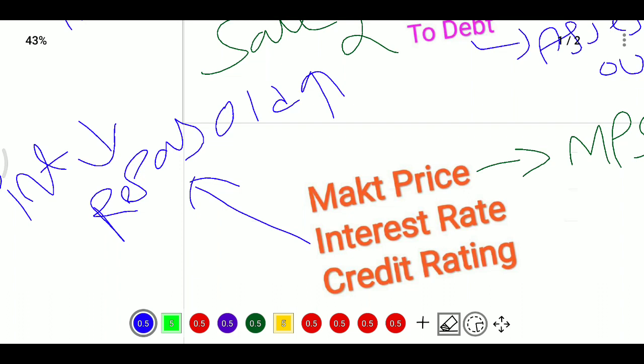For example, the government issued a 10-year bond, from 2015 to 2025, at 10% interest, paying 10% till 2025.